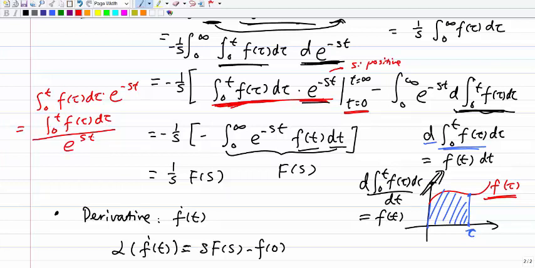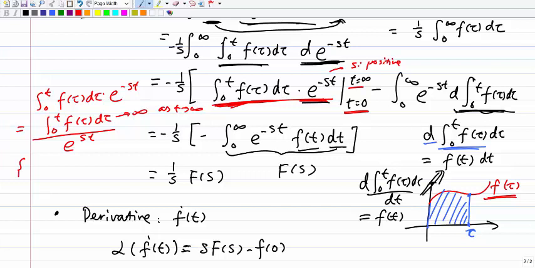So there could be two different cases. One is this guy goes to infinity as t goes to infinity. Remember here t will go to infinity, right? Second case is this does not go to infinity. This is a finite number, and divided by e^(st), because this guy will go to infinity, right?